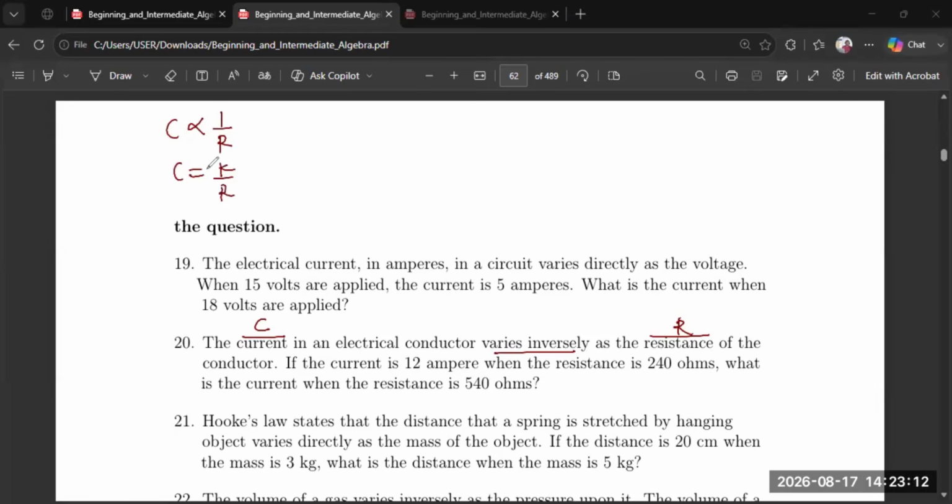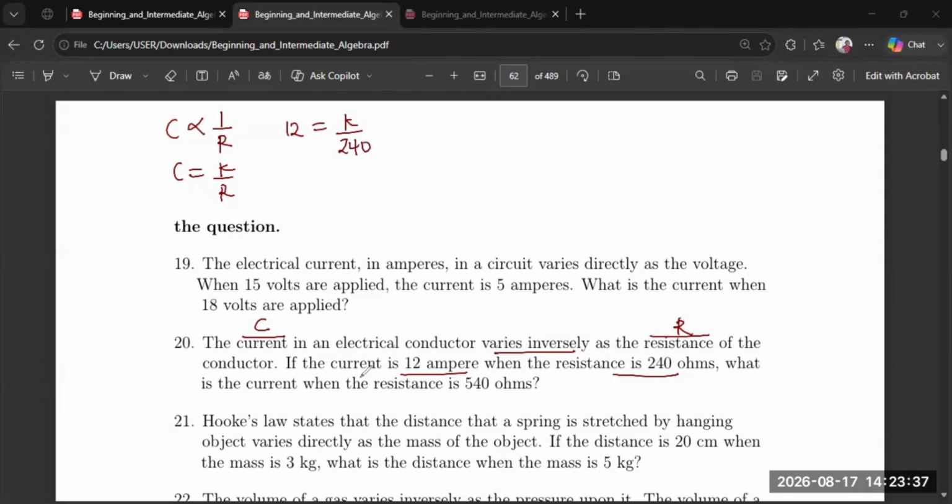Now this is what we know. The next statement is going to help us get the value of K, the constant of variation. Let's read on. It says, if the current is 12 amperes, so C is 12, so here becomes 12 equals K over R. Sorry, I said radius, it's resistance. So C is 12 amperes when the resistance is 240, so R is 240.